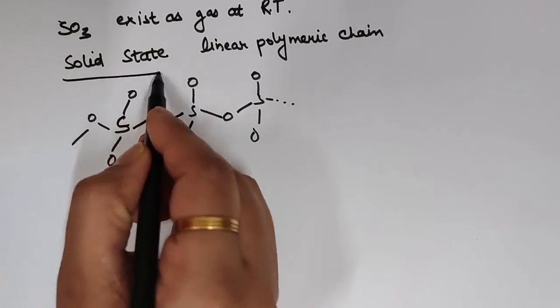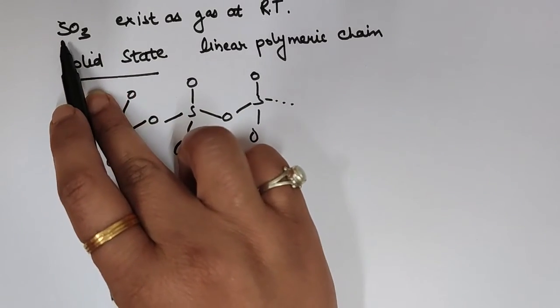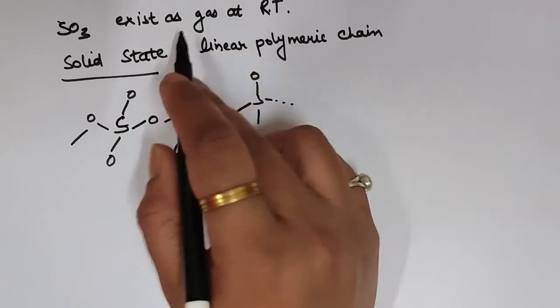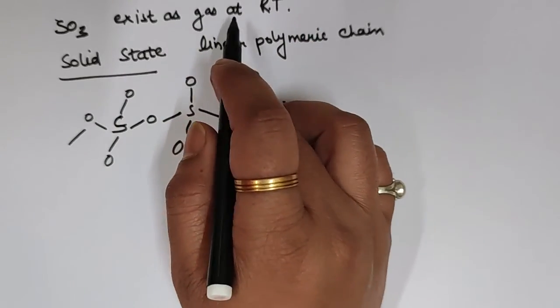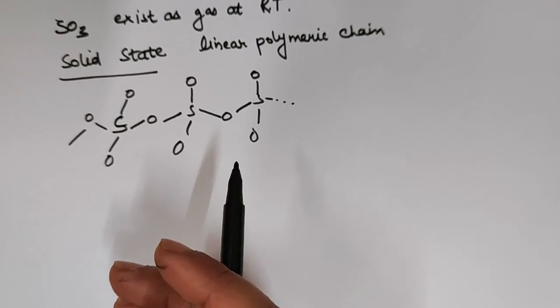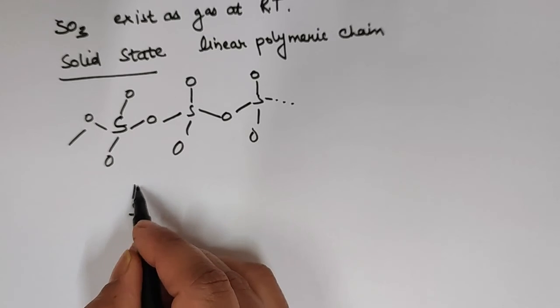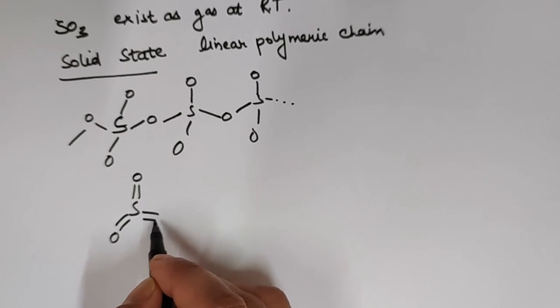So in solid state there is a linear polymeric chain, and in gaseous form it exists as a triangular planar structure. So it exists in this form.